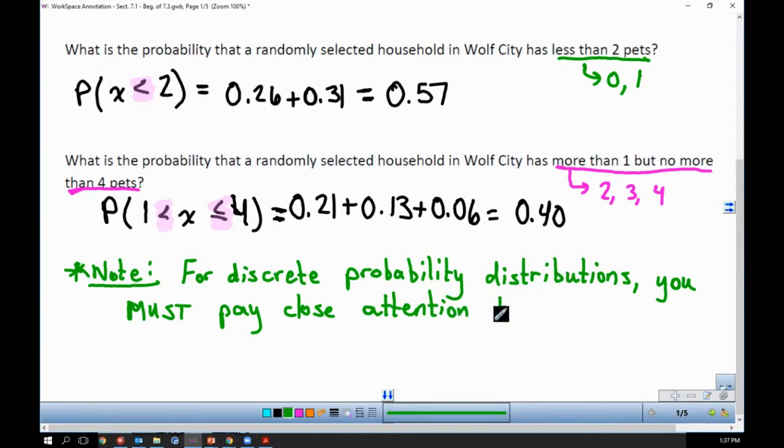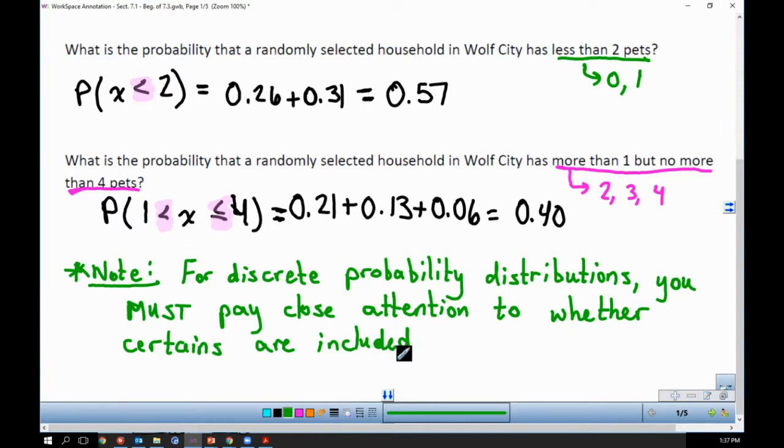Or I'll say the signs. Really, it should be whether certain values are included. If they're included, those would be the inequalities that say less than or equal to, or greater than or equal to.